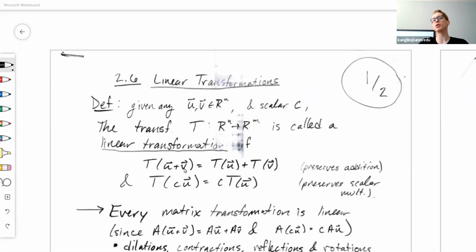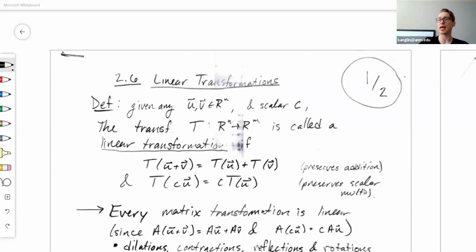T of the sum u plus v equals T of u plus T of v. So it's like this transformation can be split up and applied to both pieces of the sum individually. Then you can add the results. In other words, we would say the linear transformation preserves addition.